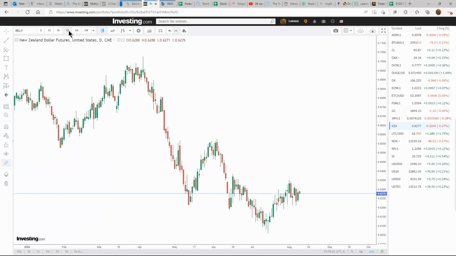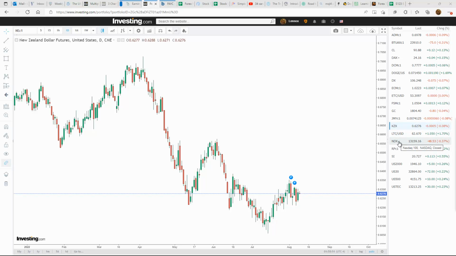And yeah, it's a bit dicey here, but we could see further drop in the New Zealand dollar overall. Okay, so it's had a strong push, but right now setting up for maybe a turnaround at this point. Okay, so that's the New Zealand dollar.